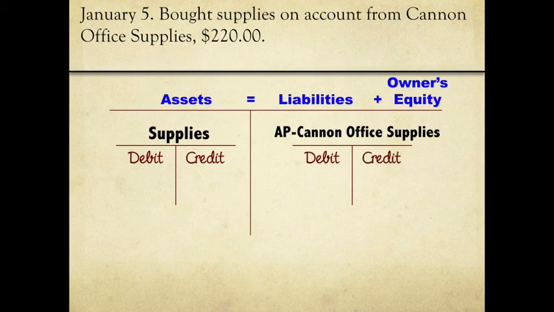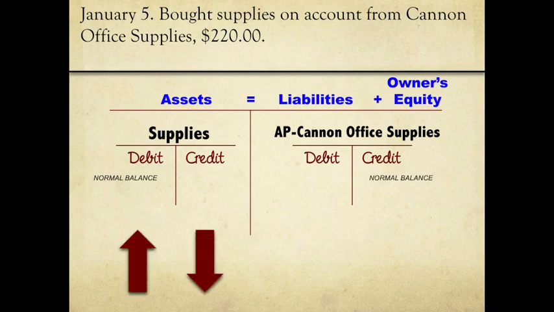Since supplies is an asset, on the left-hand side of the accounting equation, it has a left-hand balance, which is a debit. Accounts payable is on the right-hand side of the accounting equation. It has a right side balance, which is credit. So that is our normal balance. You increase on the normal balance side, you decrease on the opposite.